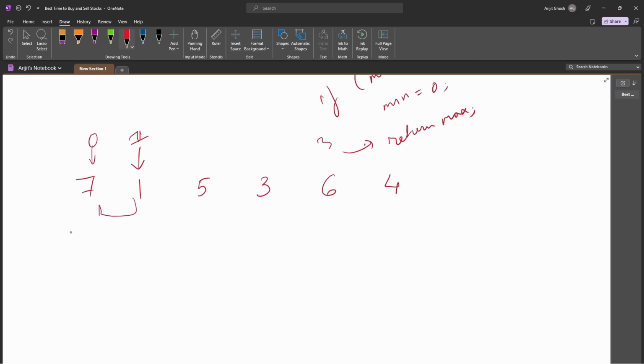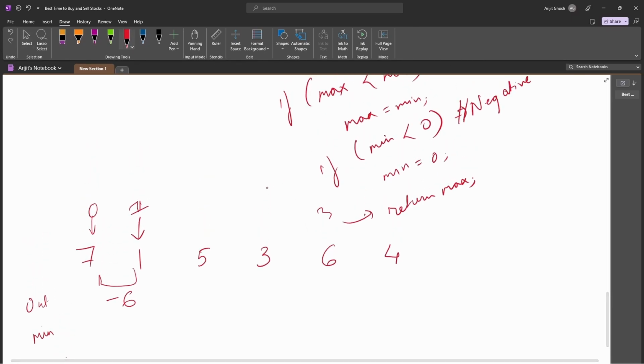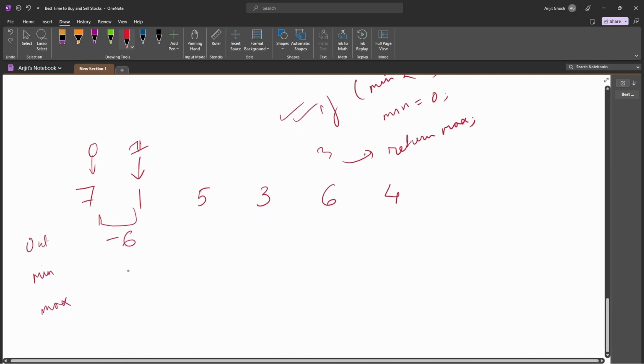Here we get -6. After getting into this statement, it tells us that min should be initialized to 0. So we initialize min to 0, and the max is 0 itself.